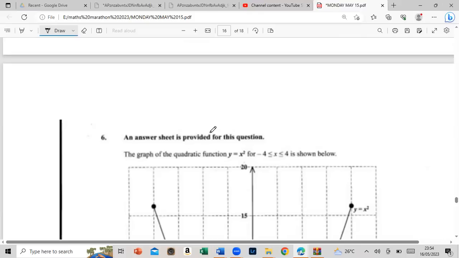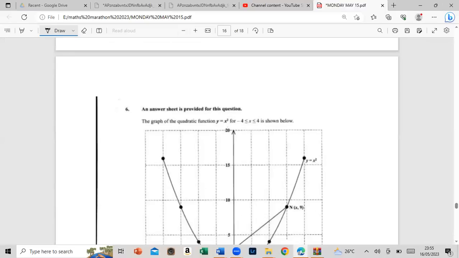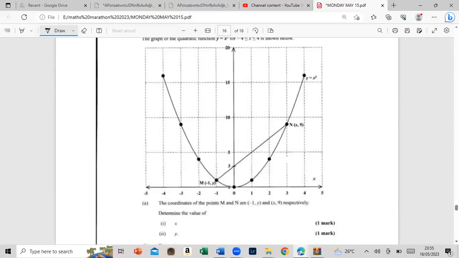Alright, so it says the graph of the quadratic y equals x squared is shown below. It says the coordinates of the points M and N are negative 1, y and x, y respectively. Determine the value of x and y.